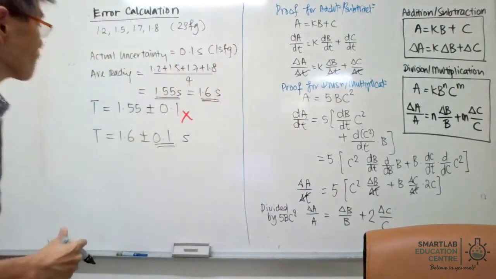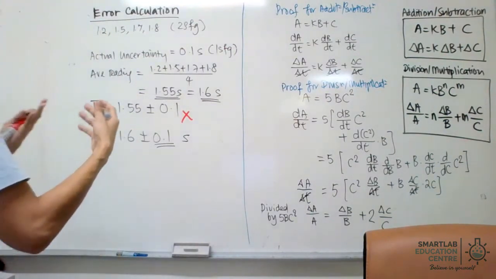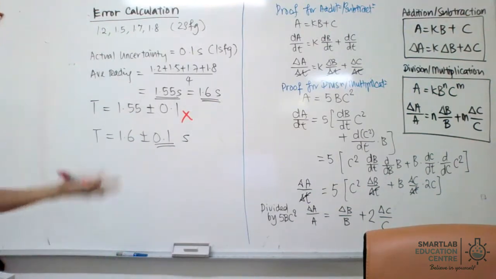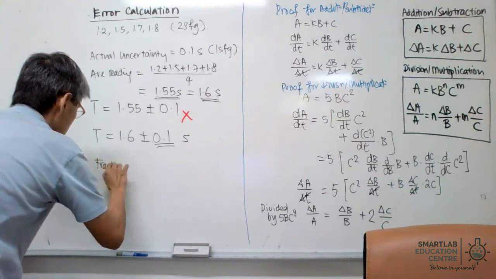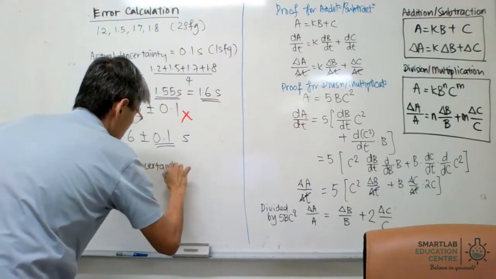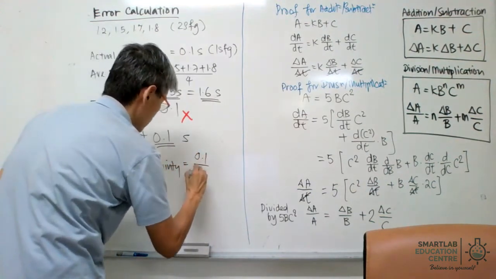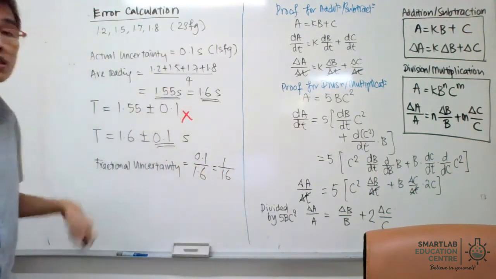Okay. And the next 2 calculations we're going to go through introduce the next 2 terms in terms of measurement of error, which are your fractional uncertainty and your percentage uncertainty. So for fractional uncertainty, I think it's quite clear that you'll be taking 0.1 divided by 1.6, so that'll be 1/16, and it's without unit.